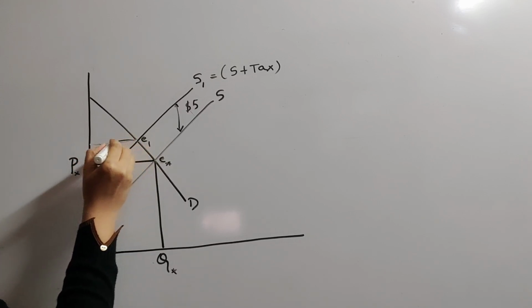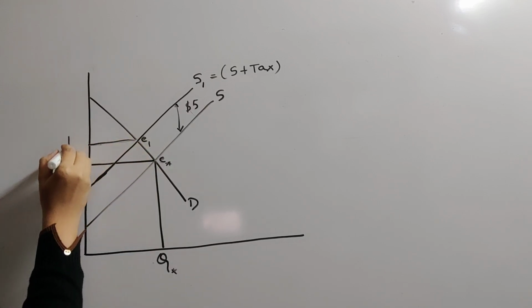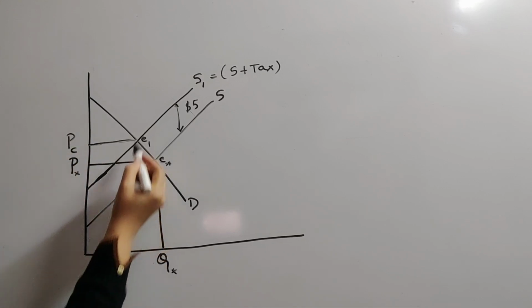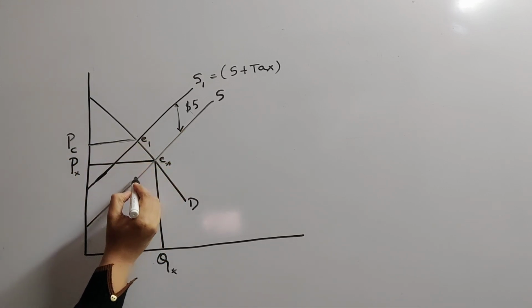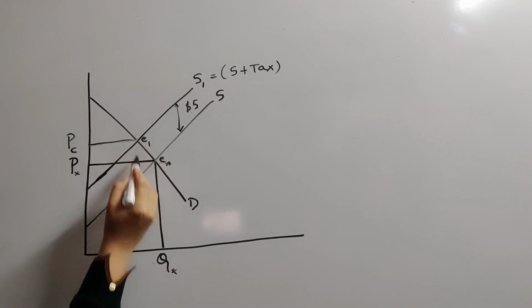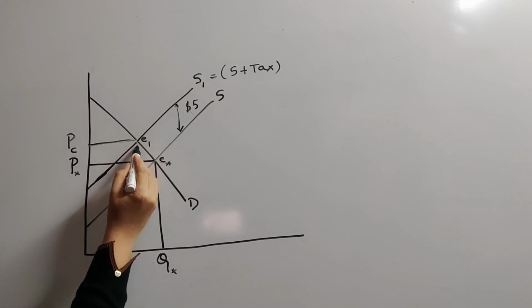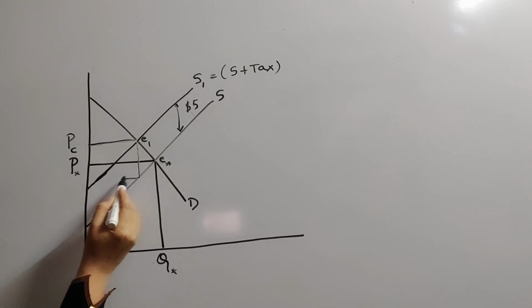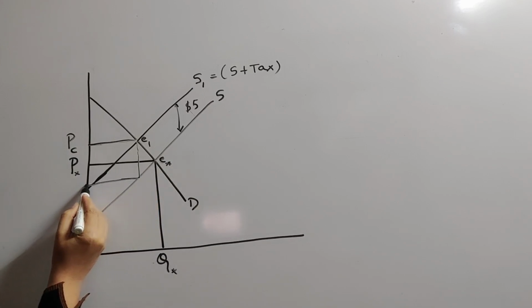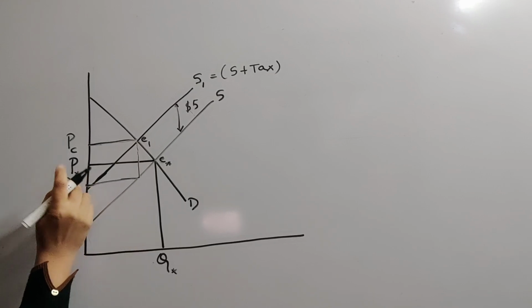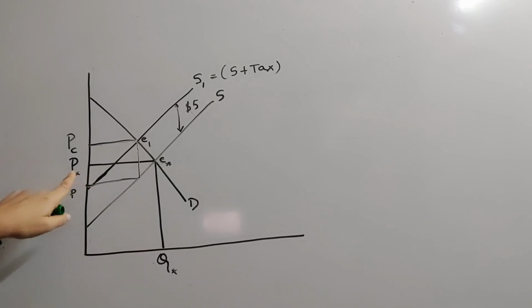Now this is the new equilibrium. So this is the price that is paid by the consumer now. And because of the tax, this quantity, as we can see, the amount that is received by the producer is now PP instead of the earlier price of P star.